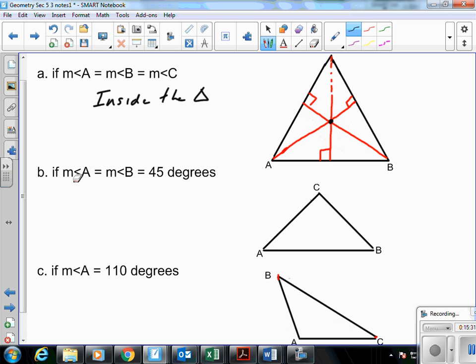All right, B, if the measure of angle A equals the measure of angle B equals 45 degrees. So we're saying we got 45 degrees at A and B, which 45 plus 45 is 90. So that leaves angle C has to be 90 degrees, or a right angle.